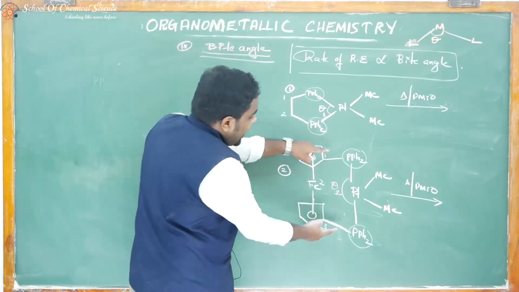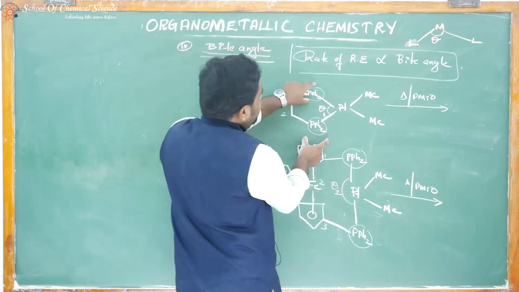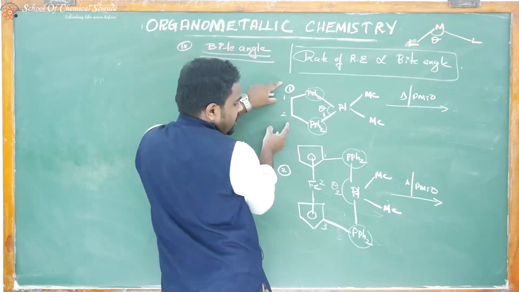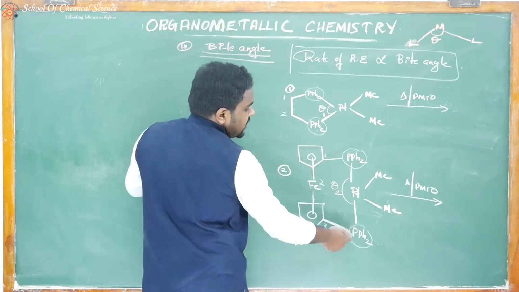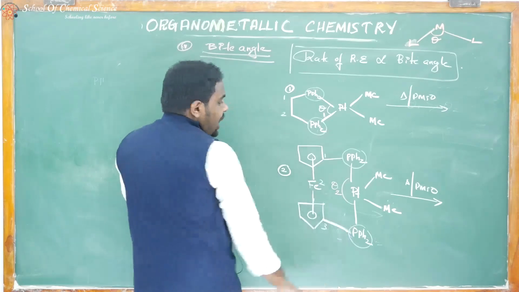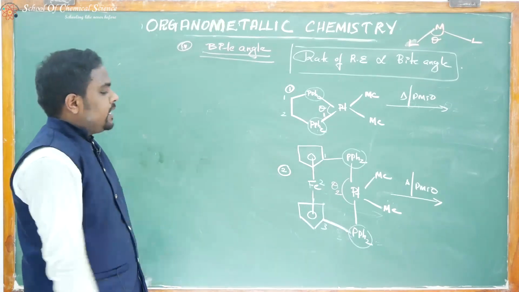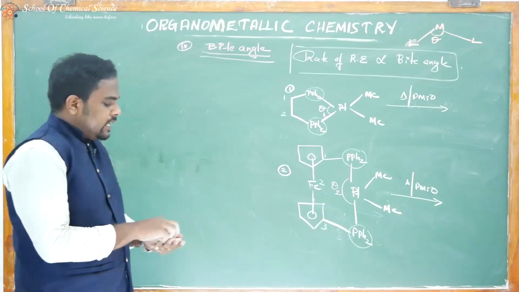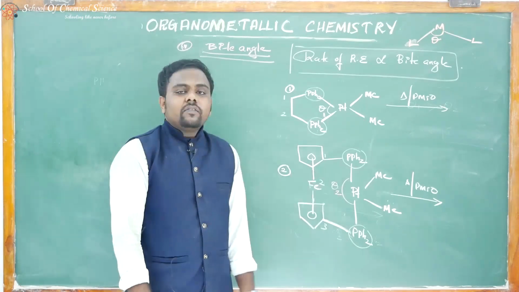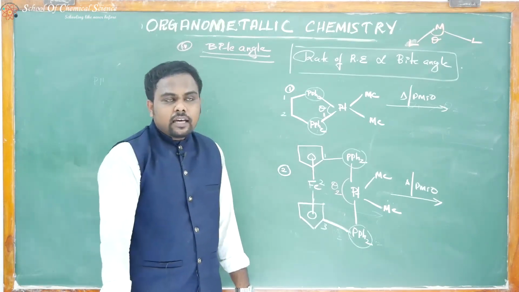Here these two PPh2 are separated by only 2 atoms. Here a large separation is there. When the number of separating atoms increases, definitely this angle will also increase. Clear?